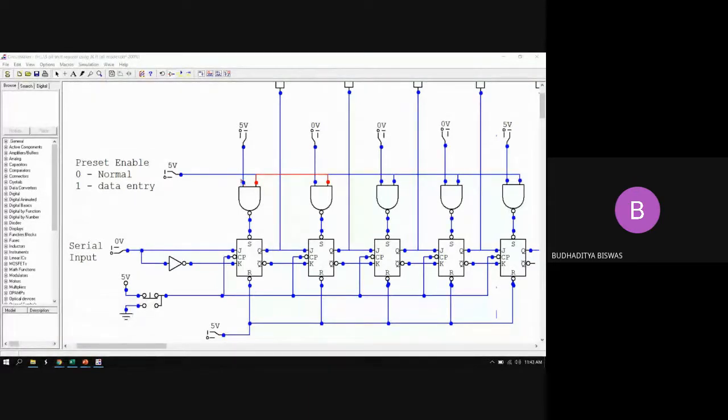No, not 1. Both the inputs are connected to 1. So what is the output of this gate? Then 0, sir. 0. So then this 0 is actually connected to the preset, and as you see it's active low, so that means it will set the first JK flip-flop output. Okay, so in this way we can enter the data parallelly inside the flip-flop.